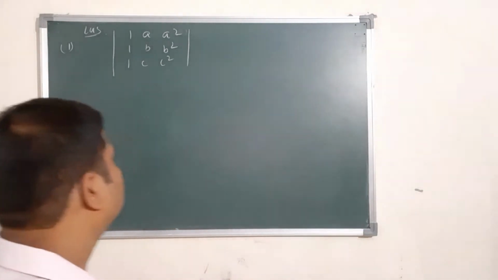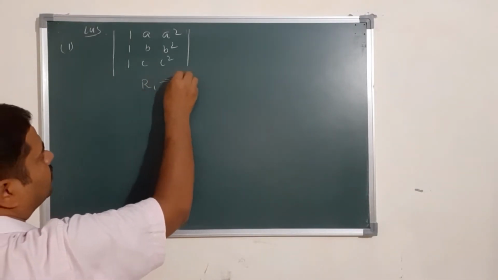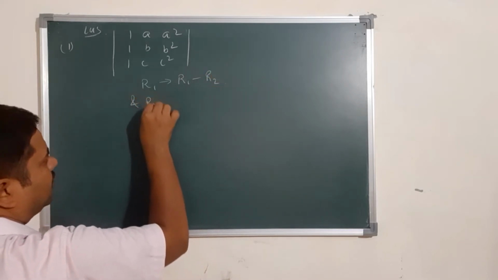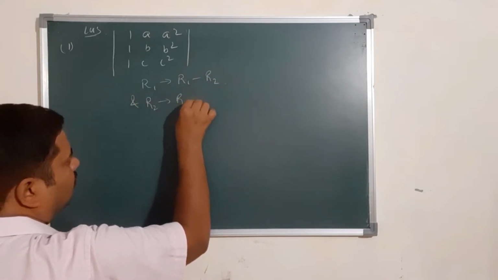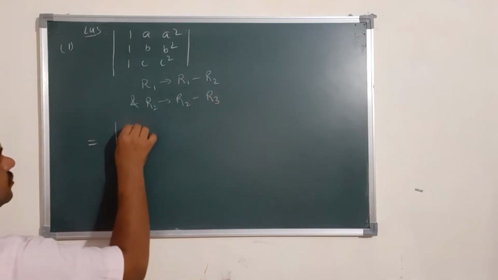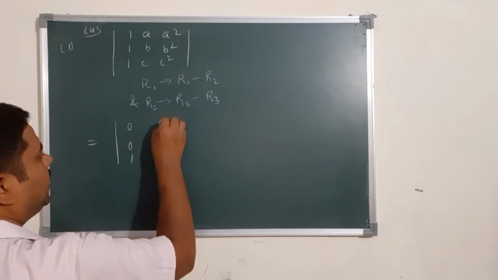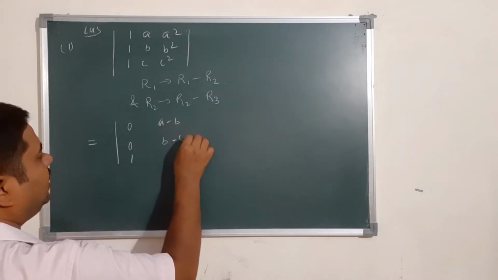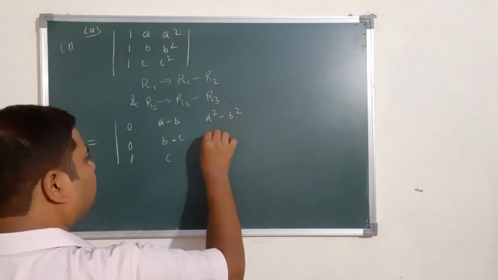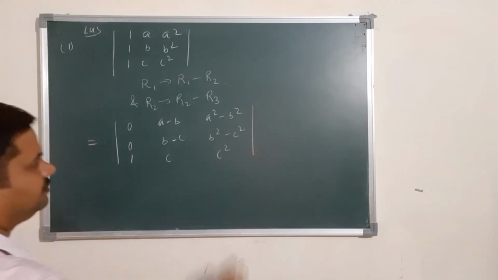So we use this operation: R1 tends to R1 minus R2 and R2 tends to R2 minus R3. We get 0 0 1, a minus b, b minus c, a square minus b square, b square minus c square and c square.